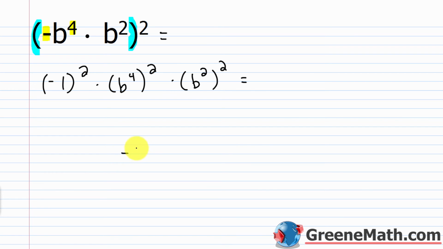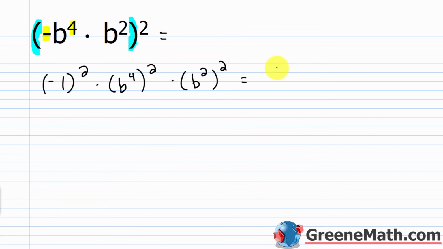So basically I have a negative 1 times a b to the 6th power. And then this whole thing is squared. So really negative 1 times negative 1 is 1. You can kind of forget about that. And then b to the 6th power squared would be b to the 12th power. So that's the quick way to do it. And that's what you're going to be doing as you get more practice and more comfortable with this. But for right now, I'll just break it up so you can see what I'm doing individually.